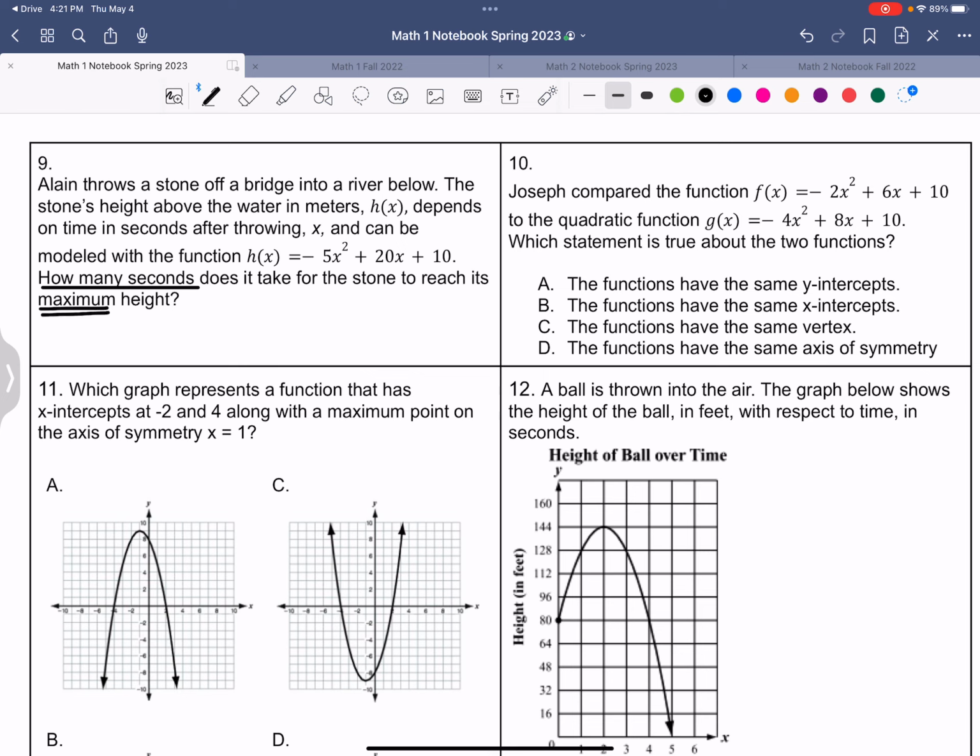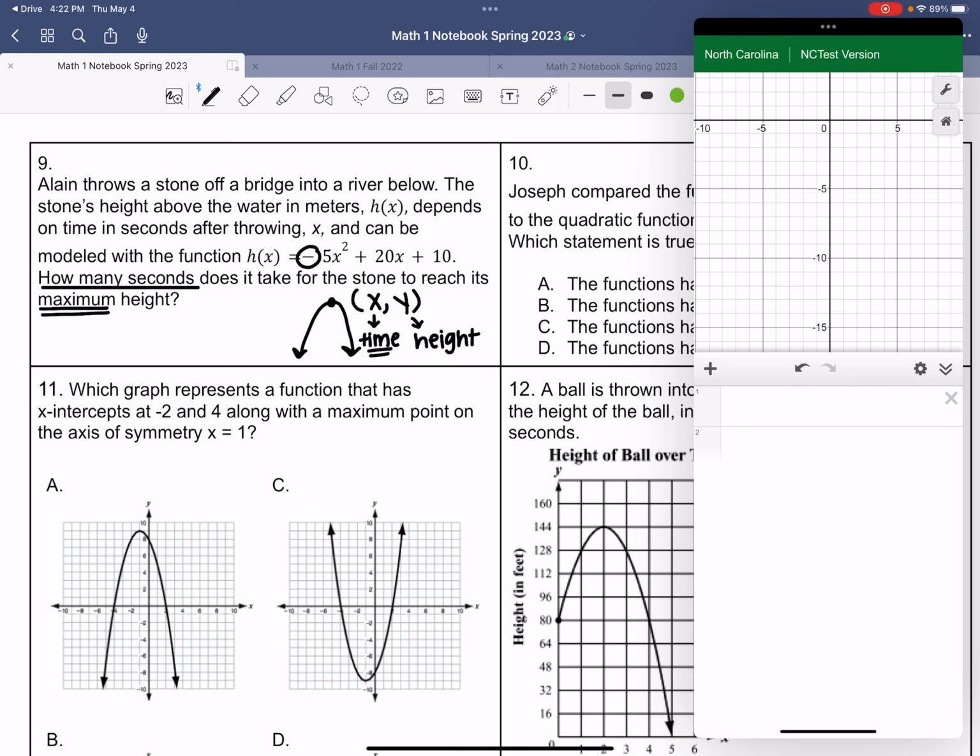So what we're looking at here is if it has a maximum, because A is negative, we know that this is going to look like an upside down U. So it's going to have a maximum at the vertex. That vertex has an x and a y value. X is going to tell you the time. Y is going to tell you typically the height. We are looking for the time because it says how many seconds.